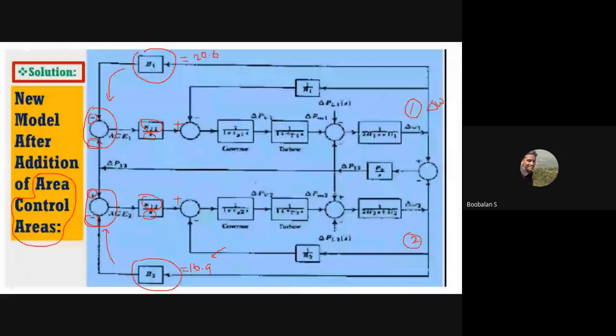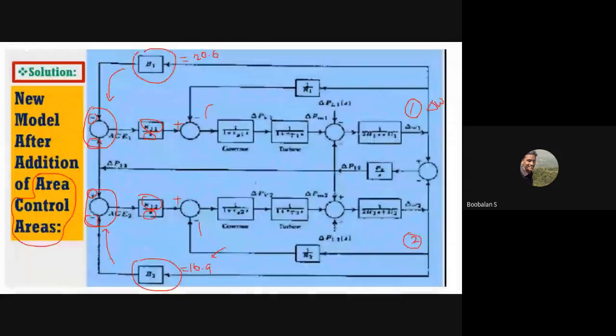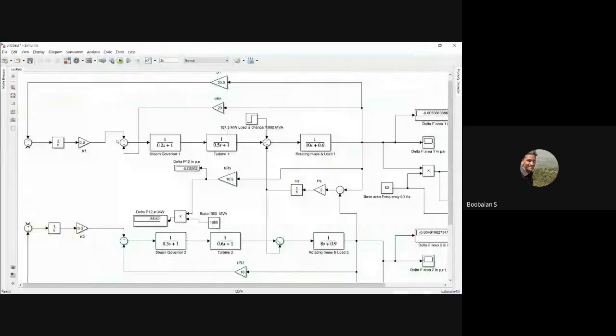Let me verify: this was negative, this is also negative. So we just need to connect it once again. This was a negative, and this was a plus. Right? Now it's okay. We'll have three terminals: plus minus plus minus, minus minus plus. Right? Now it's okay.